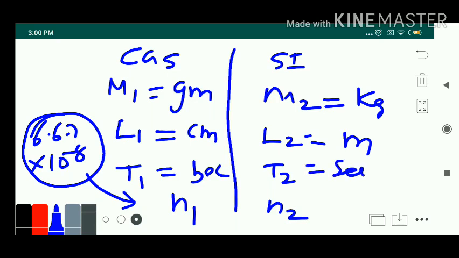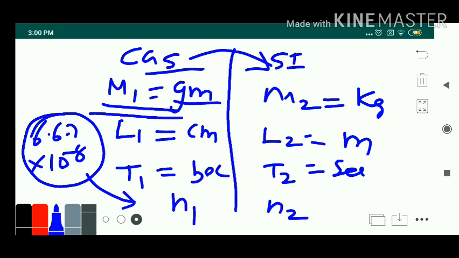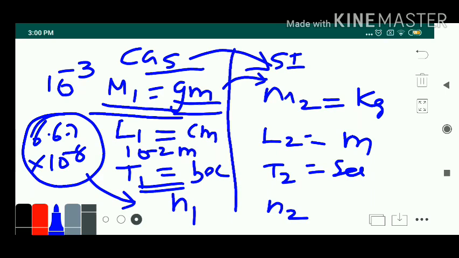Now I want to convert CGS to SI. Mass in gram can be written as 10 to the power minus 3 kilogram. Similarly, length can be written as 10 to the power minus 2 meter. Time I need not convert.